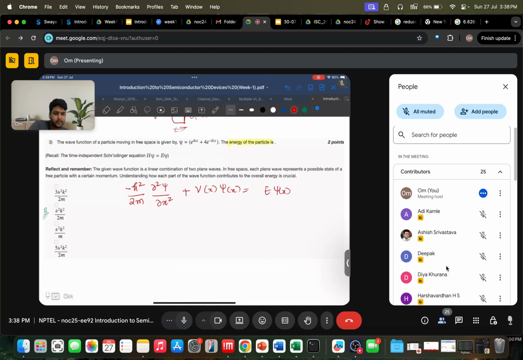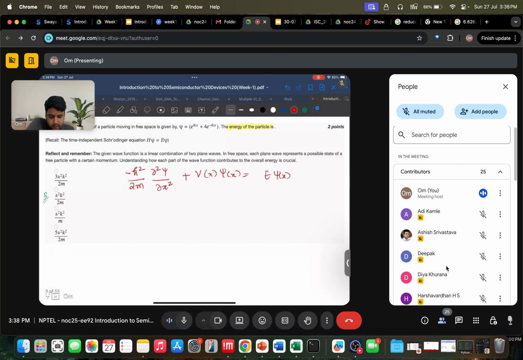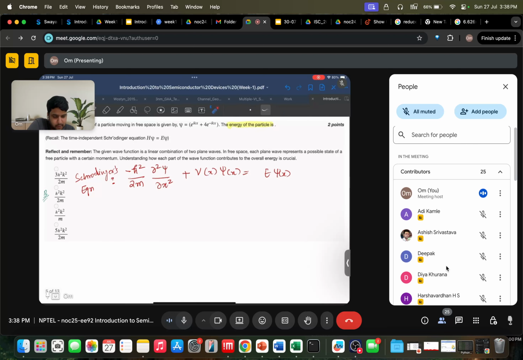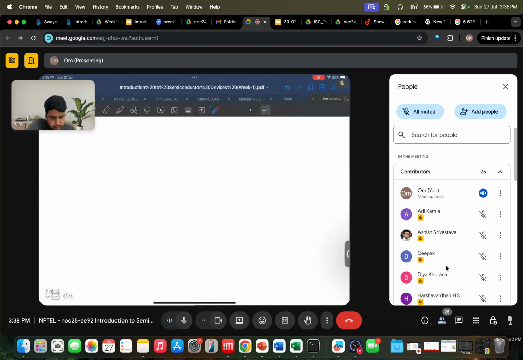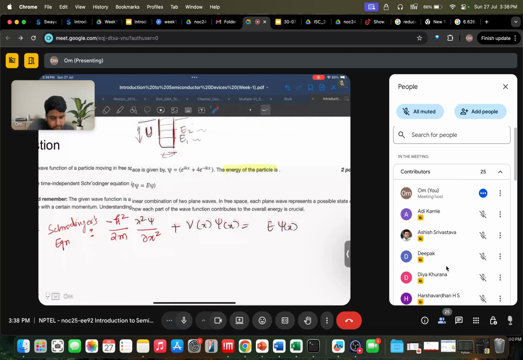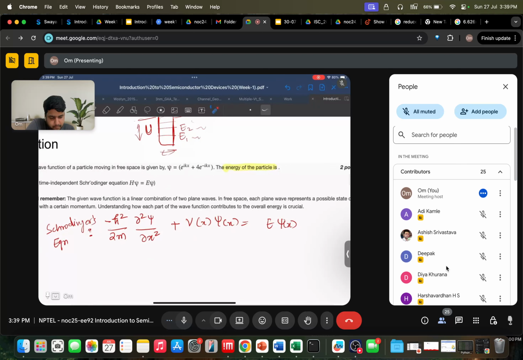This is the Schrodinger's equation. It tells you the relationship between the energy, the potential and the wave function. Wave function is psi.